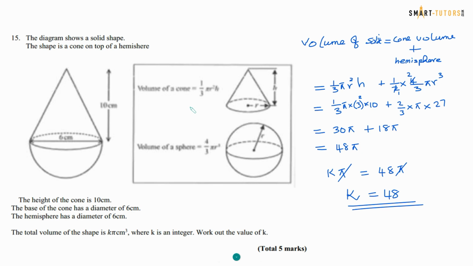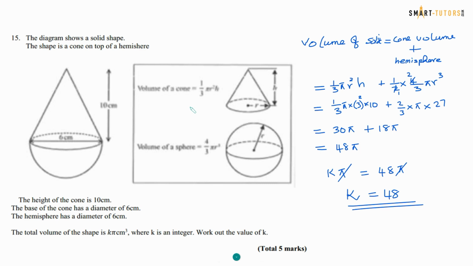First of all, the volume of the solid is equal to the cone's volume plus the hemisphere's volume. So the cone's volume is 1/3 pi r squared h plus half times 4/3 pi r cubed. So 1/3 pi times r squared, where the radius is 3 squared, times h is 10, plus half of 4/3, which is 2/3, times pi times r cubed, where 3 cubed is 27.